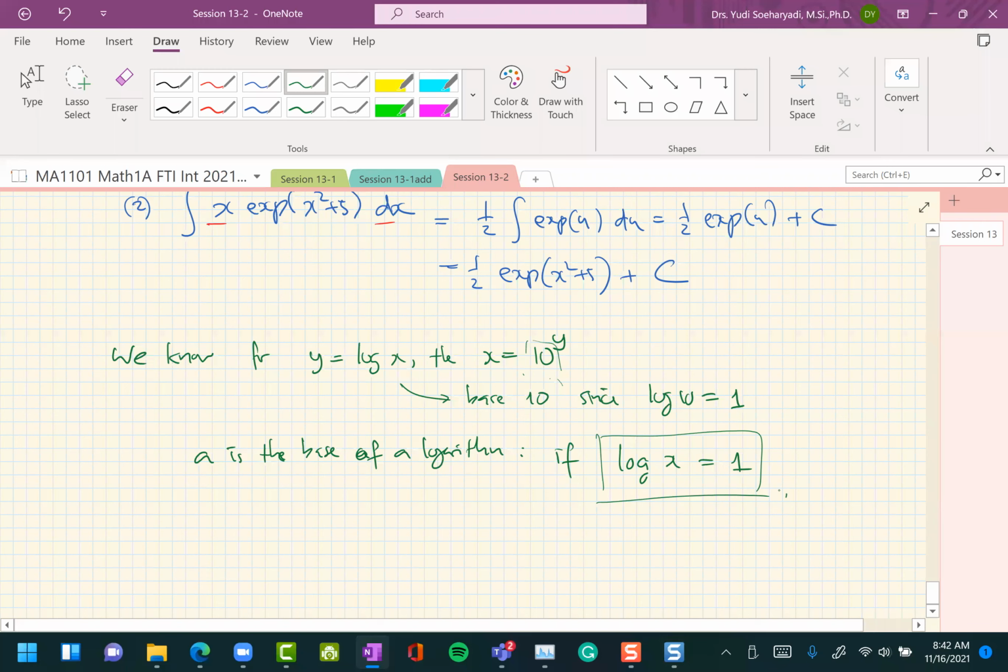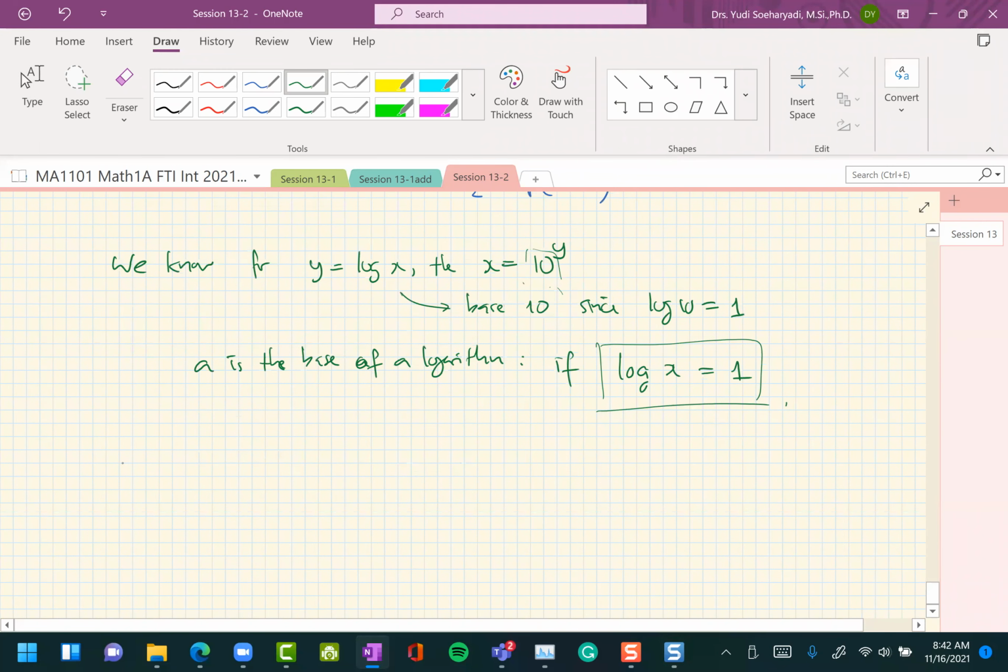So to find the base for the exp, how to find the base for ln? You've got to solve these equations equals 1.